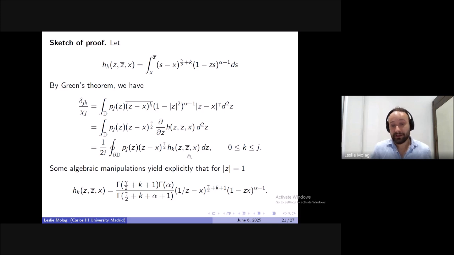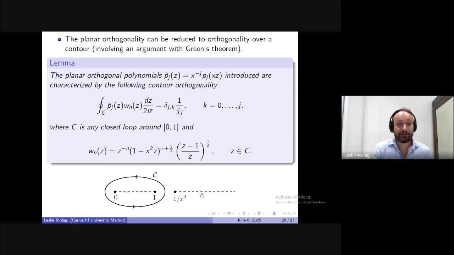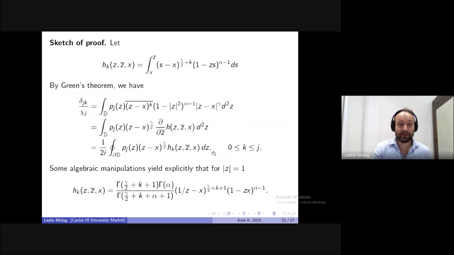And then the last steps are to show via some algebraic manipulations that actually this auxiliary function has a nice form when z is on the unit circle. And this is already quite similar to this weight that you see here. You still have to do this rescaling of the polynomial, but then you'll see that you get this weight that you have here. Okay.